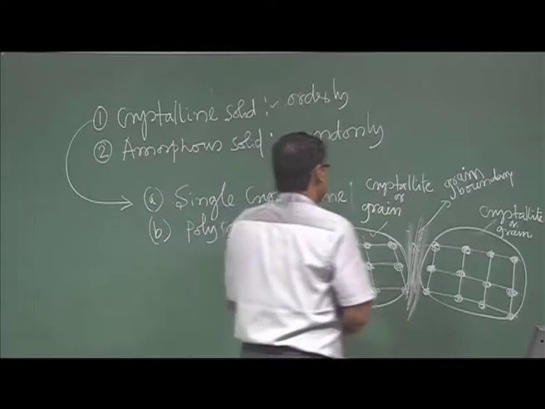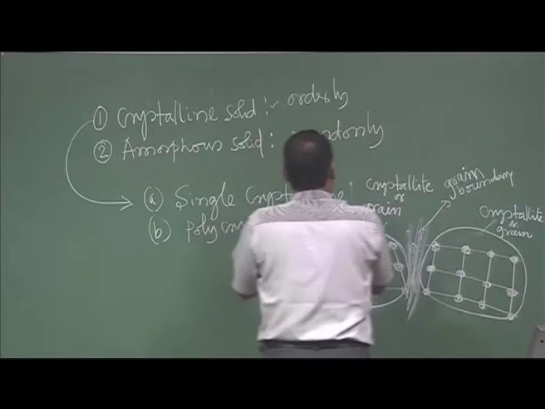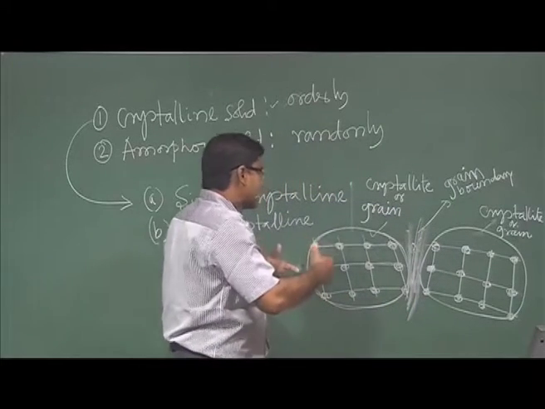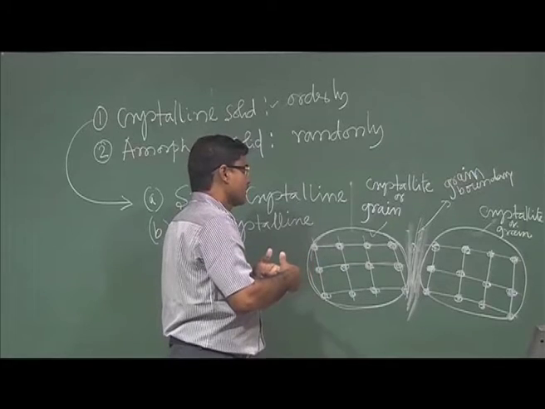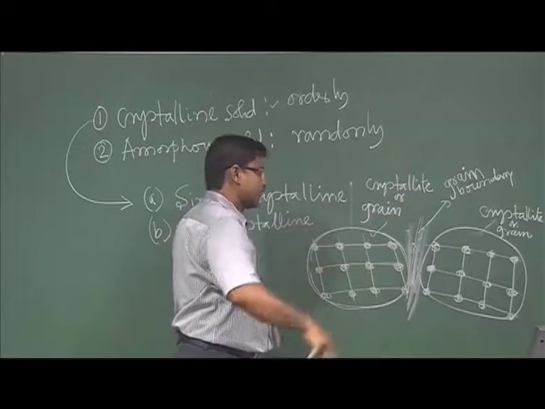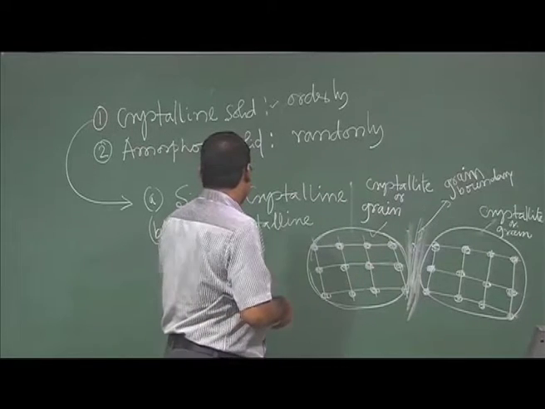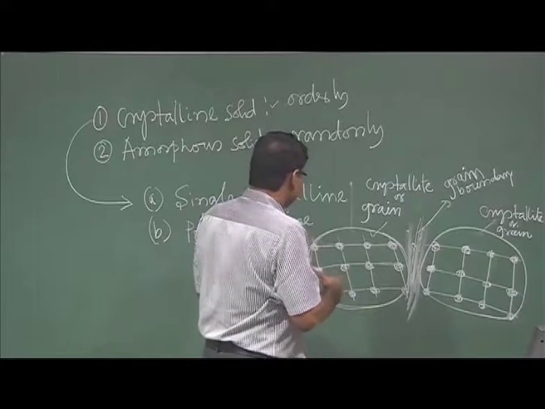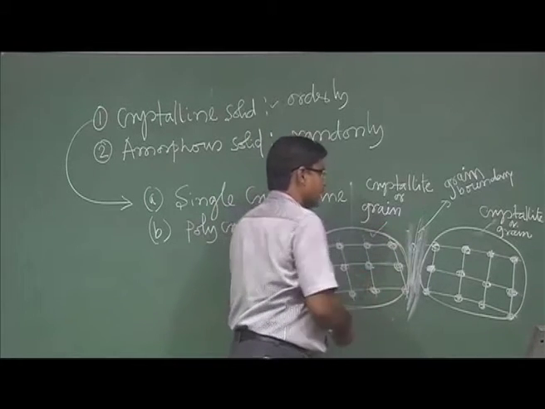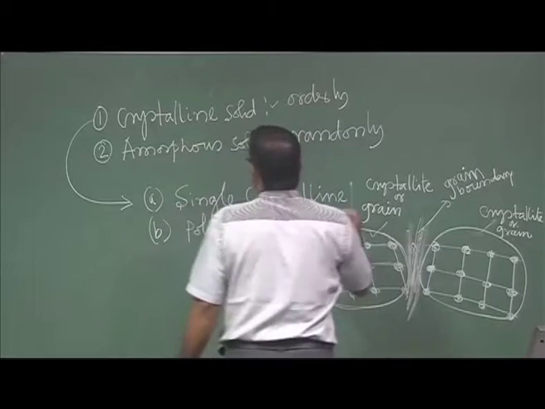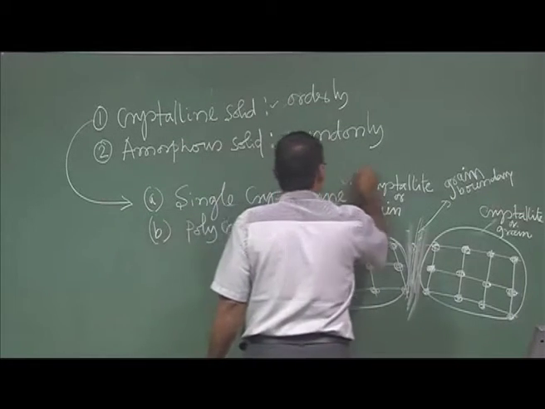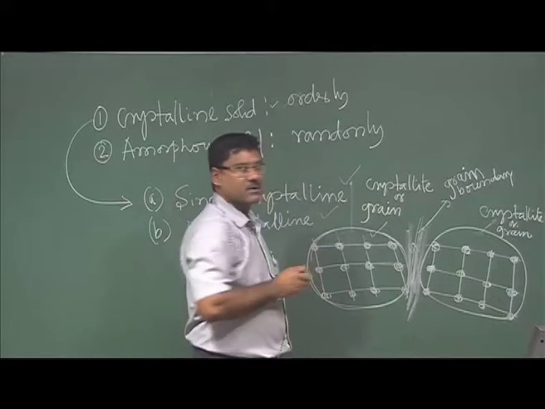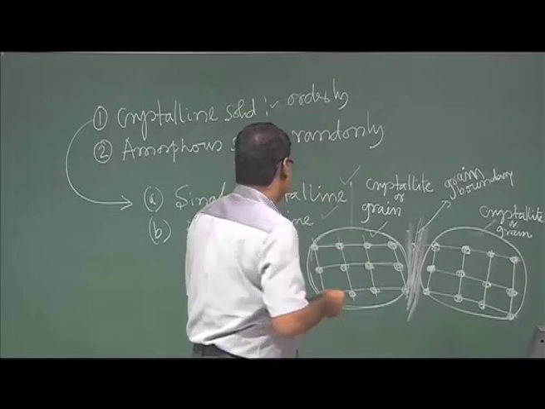So single crystalline is the arrangement of the atoms in a large region, and polycrystalline is the arrangement of the atoms orderly in a small region. That's why I told that single crystal is long range order and polycrystalline is short range order of the atoms.